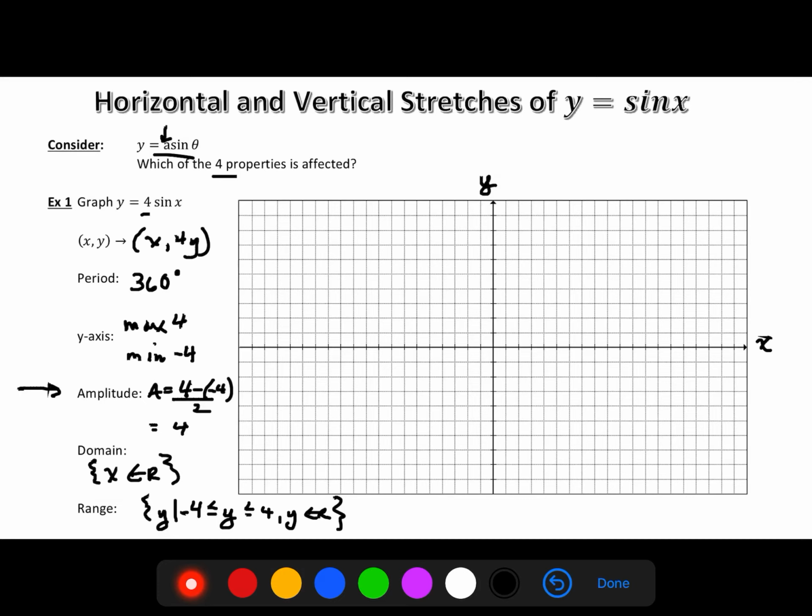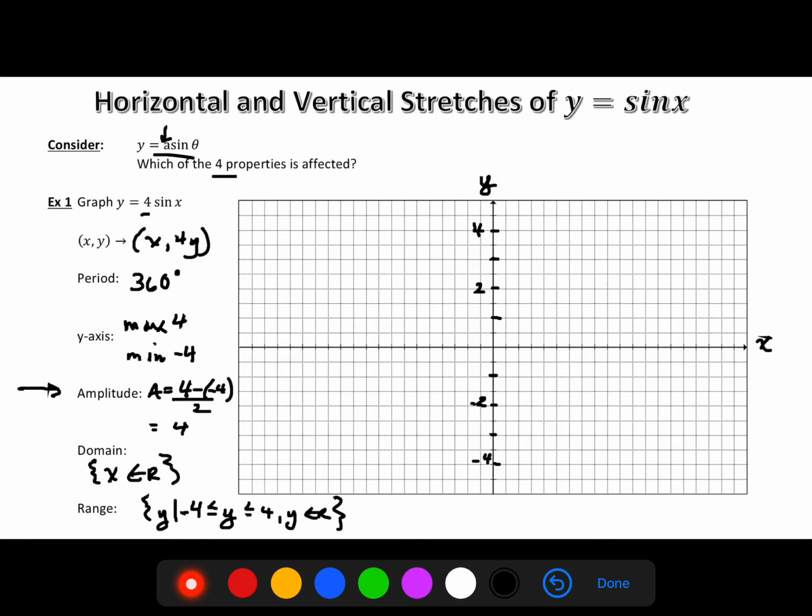So now we want to make sure that we have at least 4 and -4 on our grid. So we're going to make every other block 1, so each of our blocks has a value of 0.5. We're going to make sure that our key points are very easy to graph.